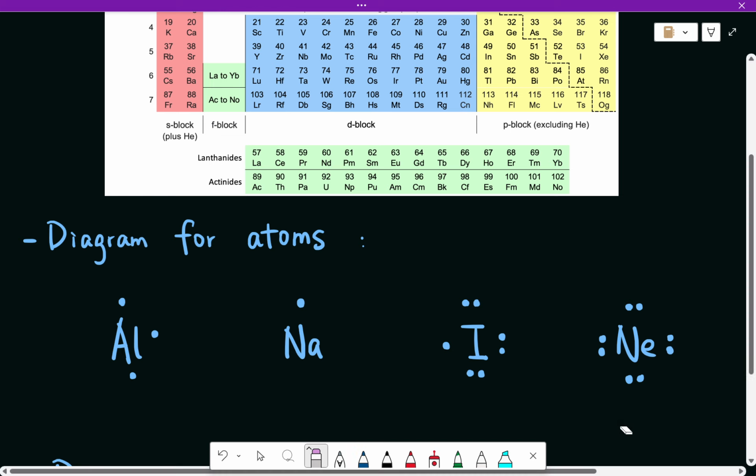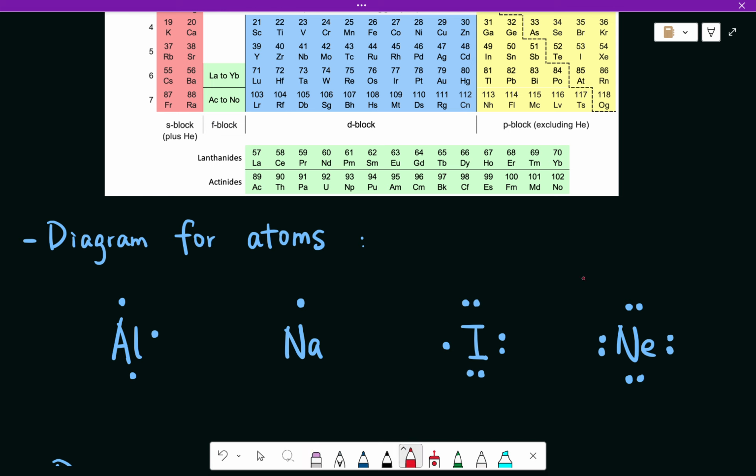From this Lewis diagram, we should be able to identify 2 important pieces of information. One is called lone pairs, and the second one is called bonding electrons. When we are talking about bonding, either ionic bonding or covalent bonding, we are talking about what kind of electrons are participating in this bonding process.